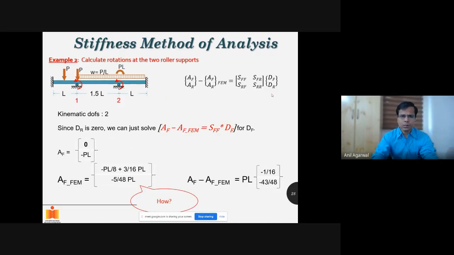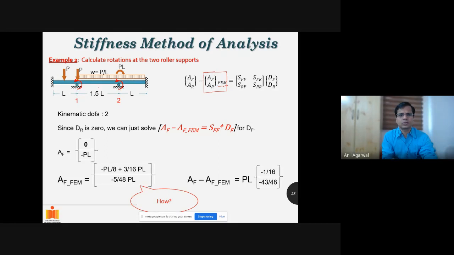Okay, so let's do an example today, and here we will see how to apply this concept. As I had mentioned before, the fixed end moments that we were calculating are an effort to account for the forces that are acting along the length of the member.